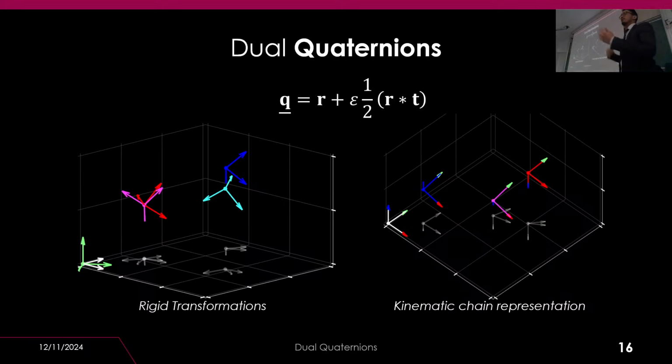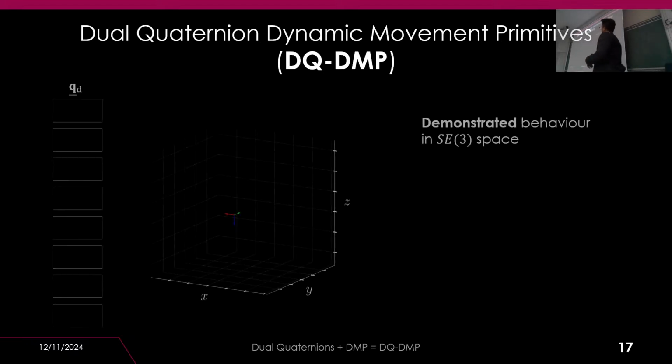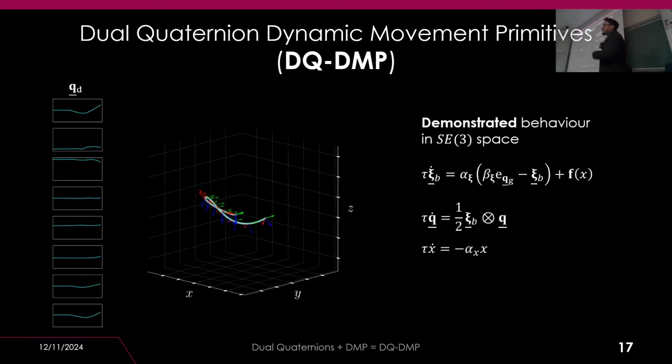These capabilities, as well as many others, allow dual quaternions to integrate neatly into dual quaternion dynamic movement primitives, or DQDMP, a base theory that allows for learning demonstrated behaviors over special Euclidean space, SE3 space, full pose behaviors, represented as a trajectory, both position and orientation, translation and rotation.